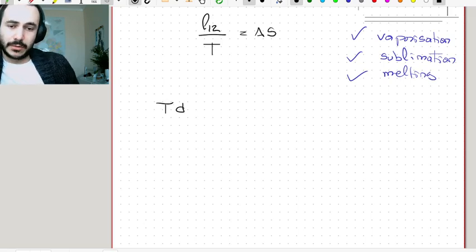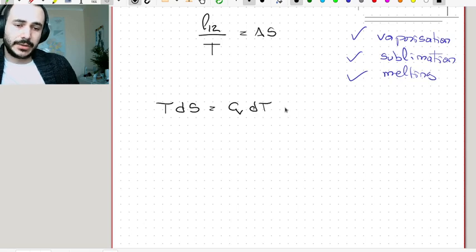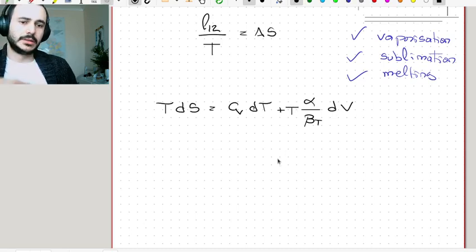The TdS equation was derived in the week 6 synchronous session, so you can check it out there, or in the lecture notes, of course. And this is TdS = CV dT, and here you have the thermal pressure coefficient, which is just the ratio of the coefficient of thermal expansion alpha and the isothermal compressibility beta T, and this is dV, and then there is a T multiplying this expression here.